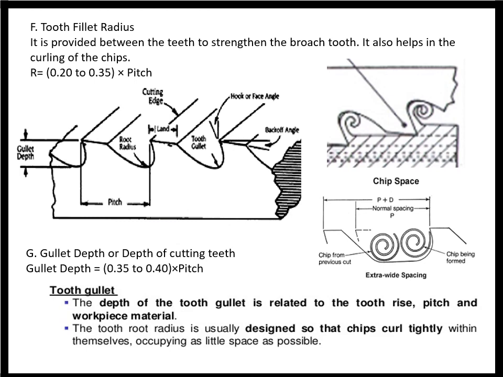This radius provides strength to the broach tooth, and the depth of the gullet is always related to the tooth rise, pitch, and the workpiece material, as we have discussed in the previous slides. And the tooth root radius is usually designed so that the chips curl tightly within themselves, occupying as little space as possible.